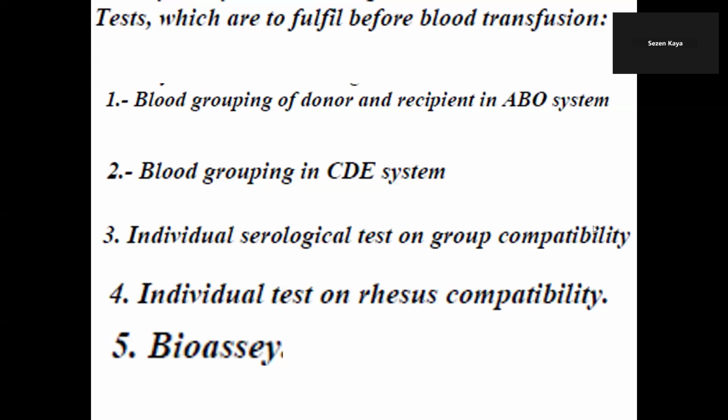If there is not, we can do the biological test. It means that 15 milliliters every 5-10 minutes is added into the body of the recipient, and they look for the body's reaction.